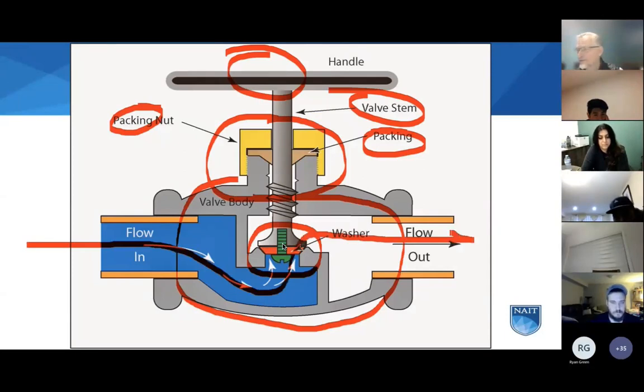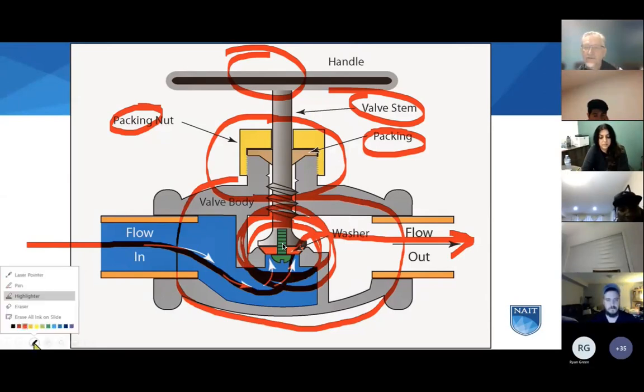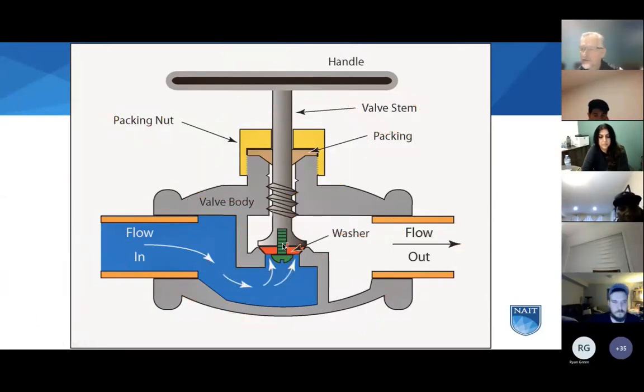And there is resistance to flow, but because of this design, the flow is slowed down when it changes direction. It allows us to throttle the flow and not wear out or damage the disc.